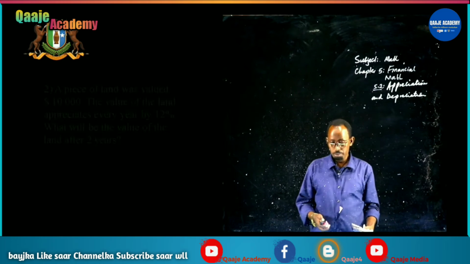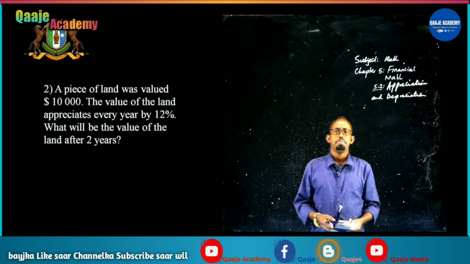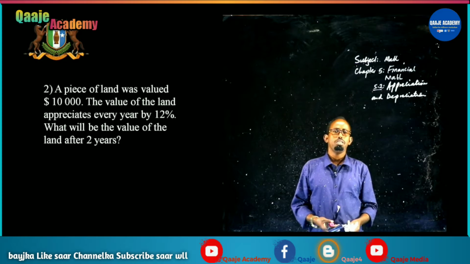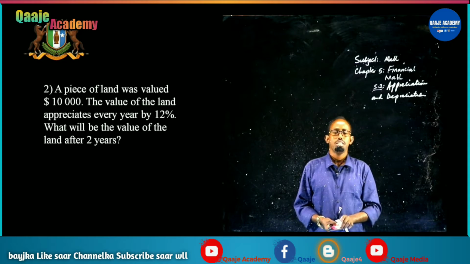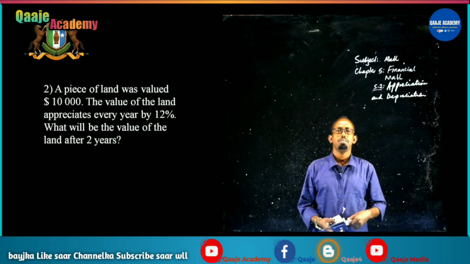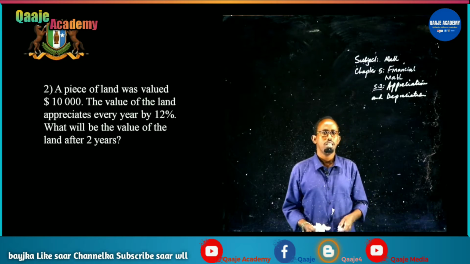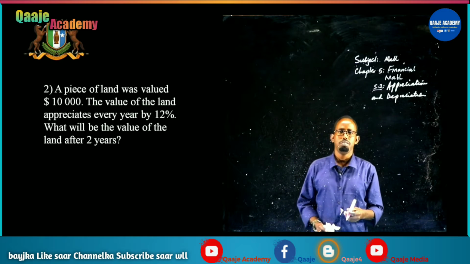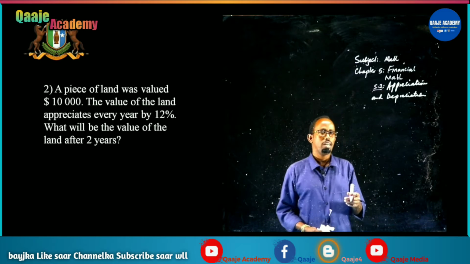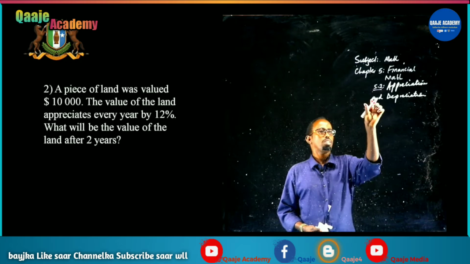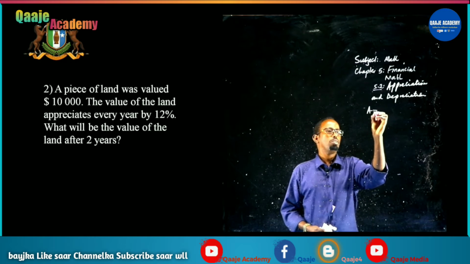Example number 2. A piece of land was valued 10,000. The value of the land appreciates every year by 12%. What will be the value of the land after 2 years? So the same, we don't know the amount.